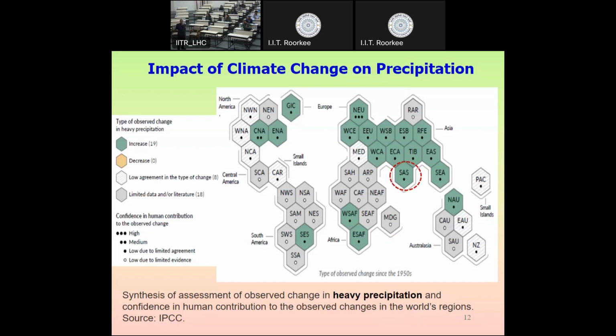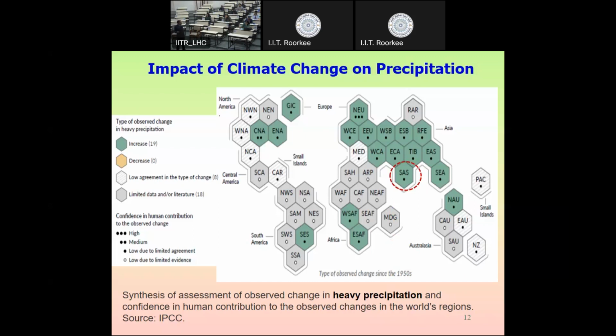There is no place where it will decrease. Then in the white boxes there is low agreement in the type of change. There are gray boxes which have limited data to give a clear picture. So anyway, for South Asian region, the region where we are located, the box is of green color, which means precipitation will increase.